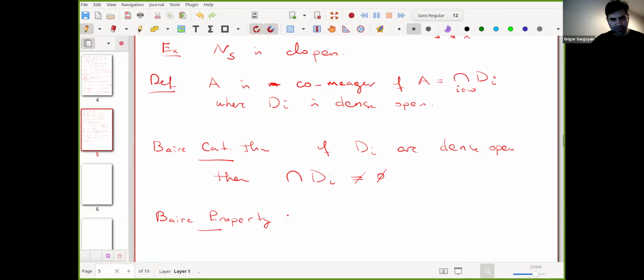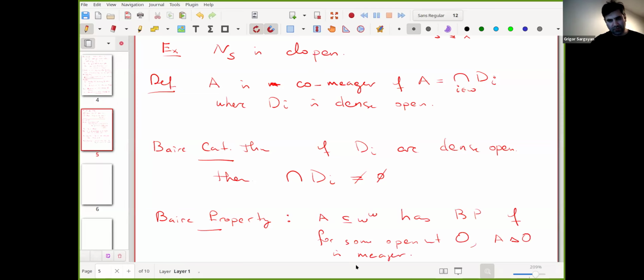And A has the Baire property, BP, if for some open set, the symmetric difference is meager. So your set looks just like an open set.